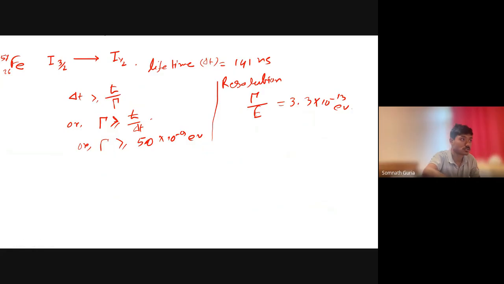The energy of this transition, the energy gap between the two states I equals 3/2 and I equals 1/2, is 14.4 kilo electron volt.